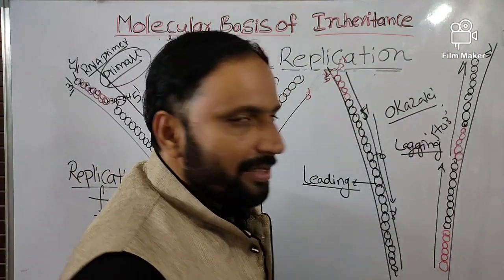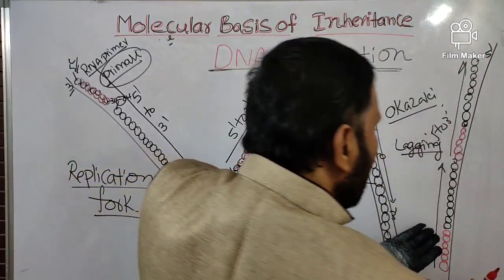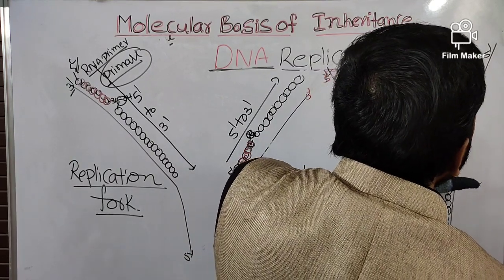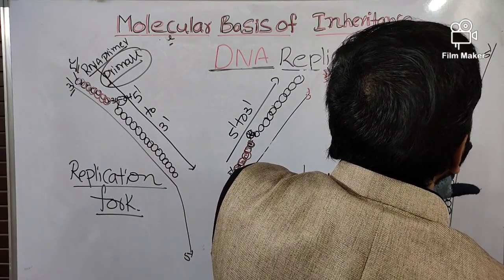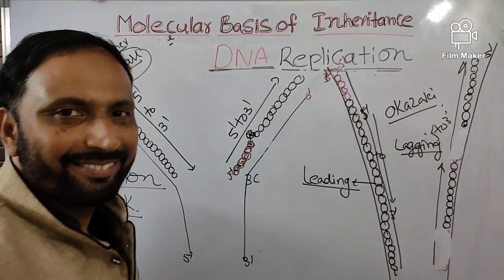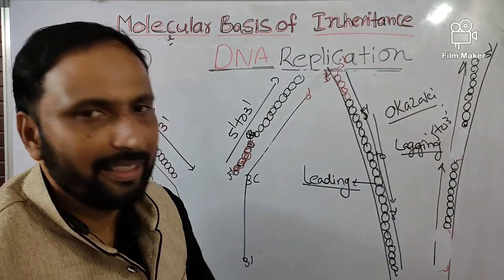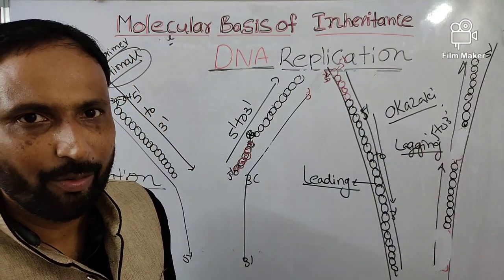Now many RNA primers are there. These RNA primers are removed by DNA polymerase 1, because it is a DNA and the RNA nucleotide sequence is not required.